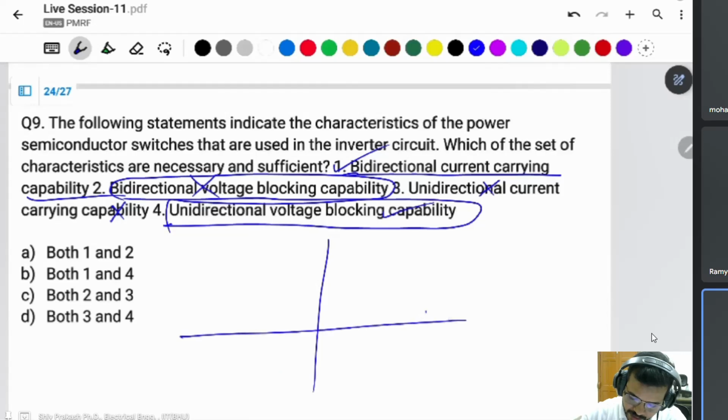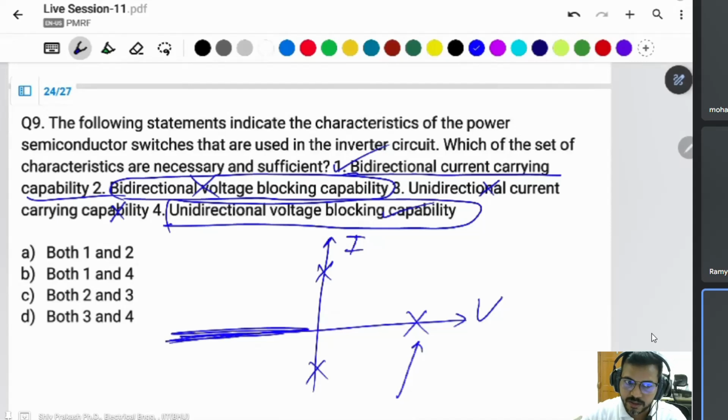It means the V-I characteristic shows blocking voltage: current is flowing at both sides, but there is no blocking capability at the opposite side, reverse bias. It means only 1 and 4 are capable. You can't block the same thing on both sides.